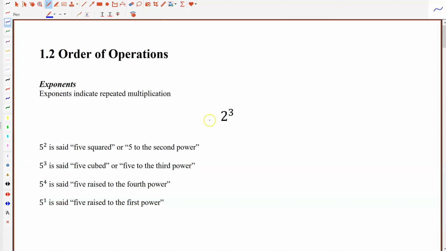The big number is called the base, and the little number, which is written in the upper right-hand corner with respect to that base, is called the exponent, or sometimes the power. What the exponent tells us is how many times to multiply the base by itself. That's where exponents indicate the repeated multiplication.